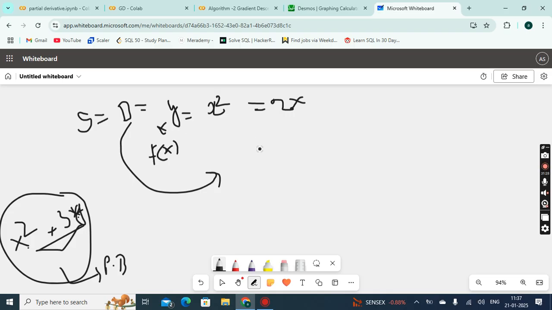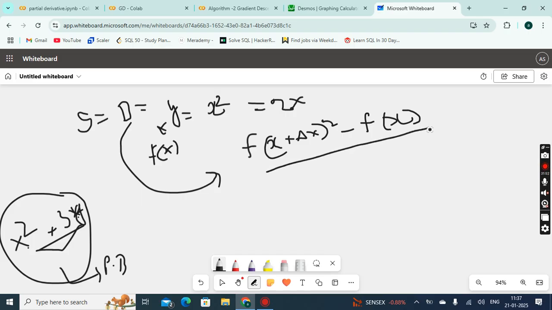If I write it this way, f of x plus a small change in x, whole square, minus f of x, divided by del x.